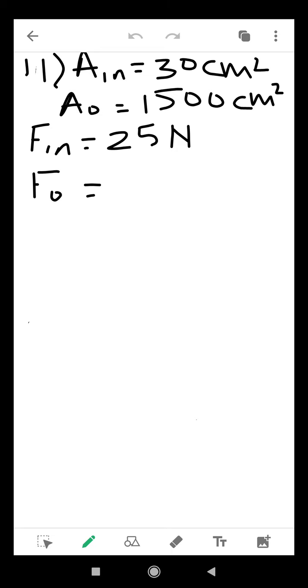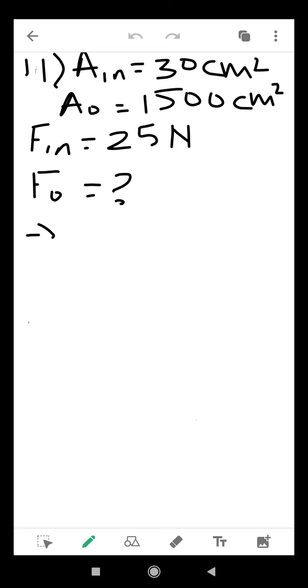It says that if a force of 25 Newton is applied to the input piston, that means force at input piston is 25 Newton, how much will be the weight on the output piston? Weight on the output piston means the force applied on the output piston.